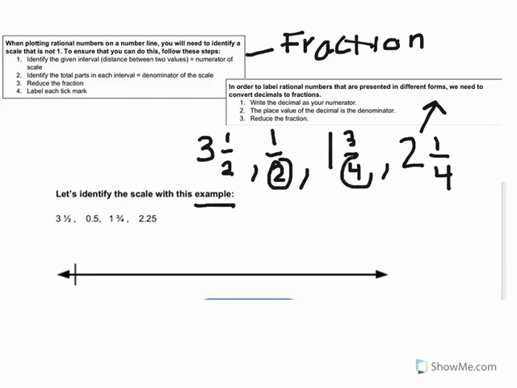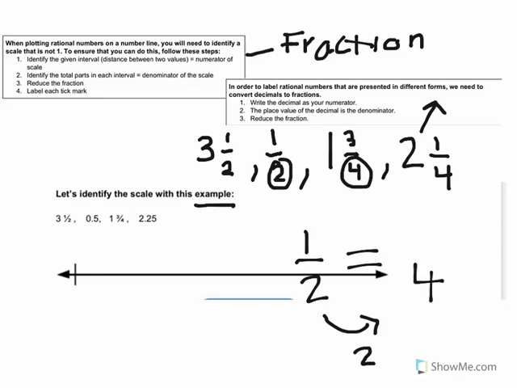So I need to use some of my number sense and my understanding of fractions to know that if I have 1/2 and I want to convert it into fourths, I ask myself, how can I go from a half to a fourth? So I know that I'm going to have to multiply 2 by 2 to get to 4.